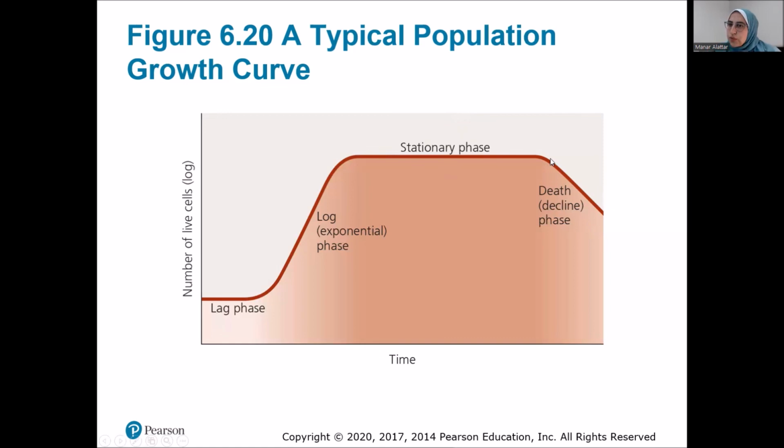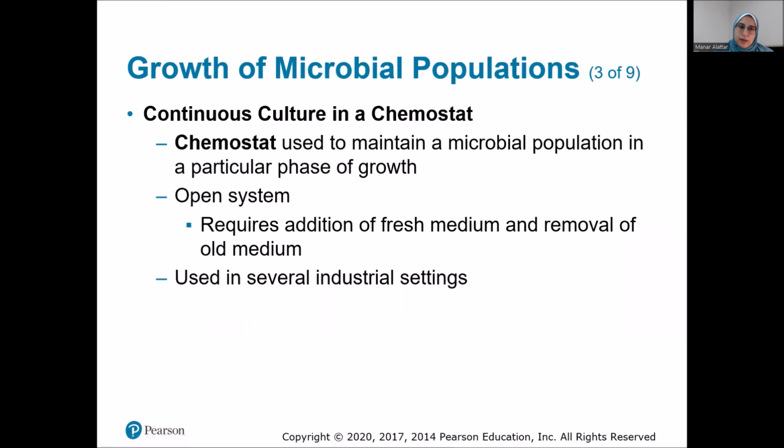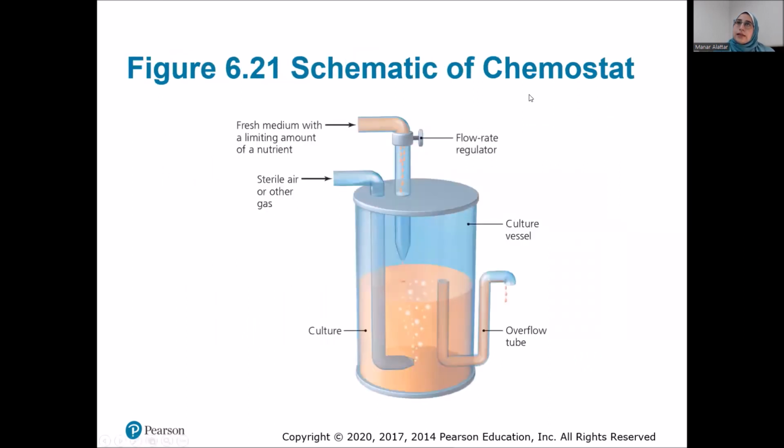Oftentimes what we'll do is just re-inoculate onto another plate, but there are methods like chemostats, where you have a broth inside a large beaker or jar, and there's automatic addition of nutrients based on a schedule that's correct for that specific organism.